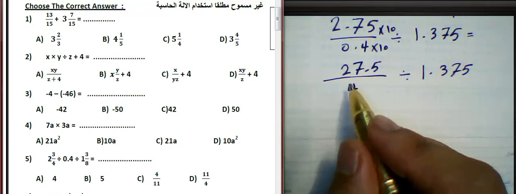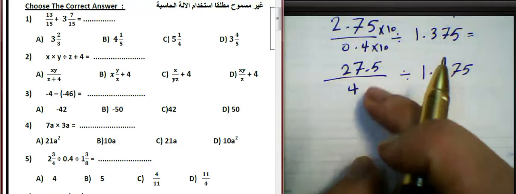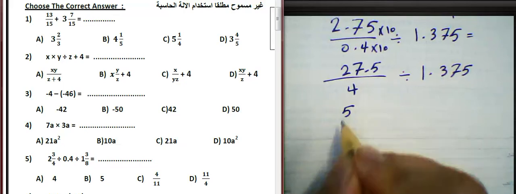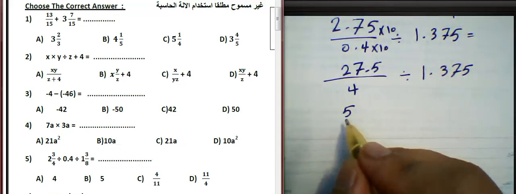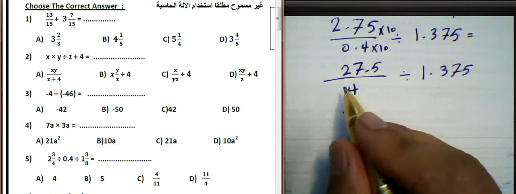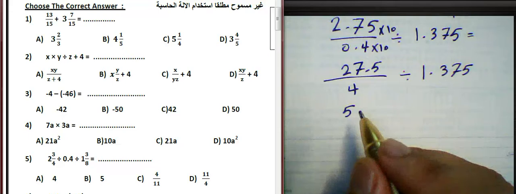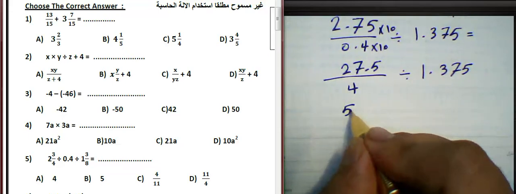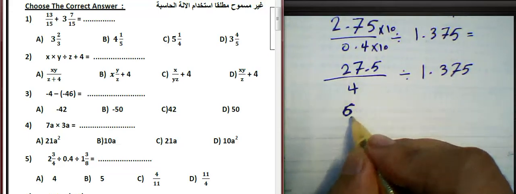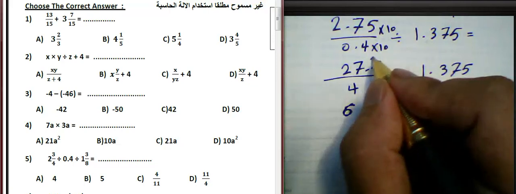So the number must have more digits. 27 divided by 4: 4 times 6 equals 24, and 4 times 7 equals 28, which is more. So 27 divided by 4 equals 6, because 4 times 6 equals 24, and remainder 3.